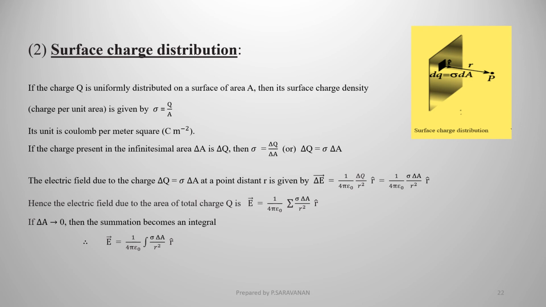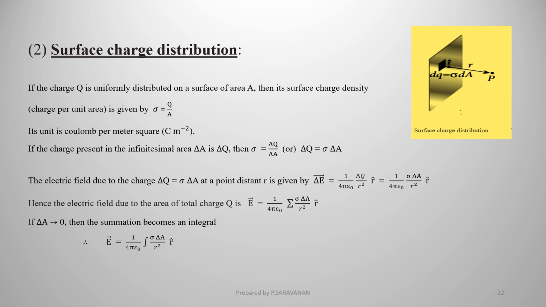So its unit is coulomb per meter square. If the charge present in the infinitesimal area delta A is represented by delta Q, then sigma is also equal to delta Q by delta A. By cross multiplying, we can write delta Q is equal to sigma times delta A.